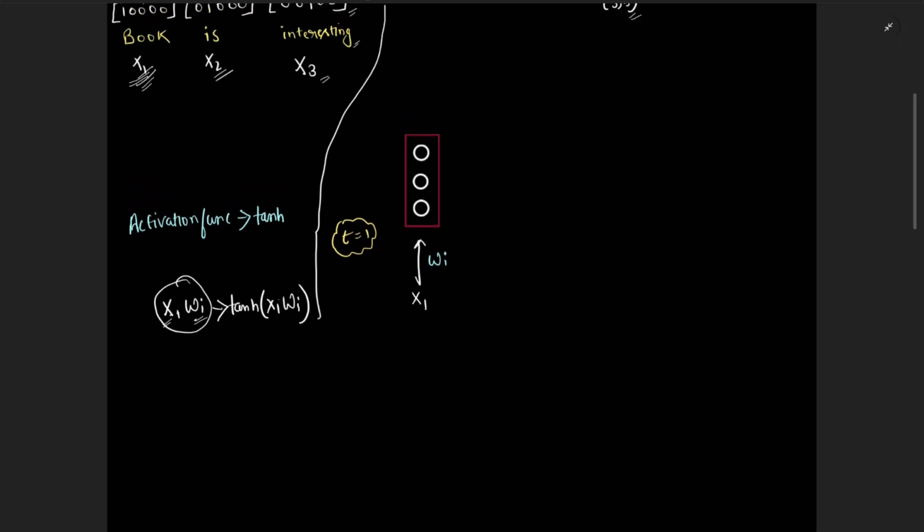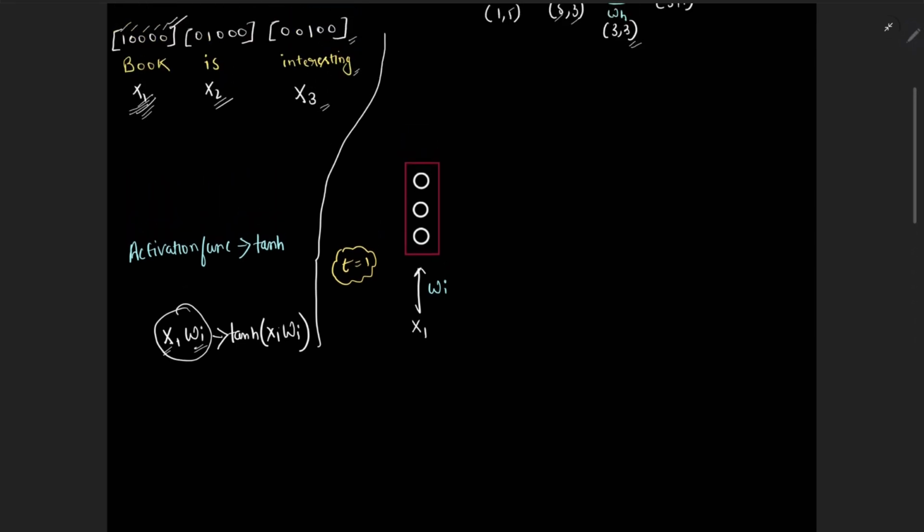We have provided input, it gets a dot product with the weight, and then we get a hidden state h1, which we are going to pass to the next timestamp at t equals 2 with a different input x2.